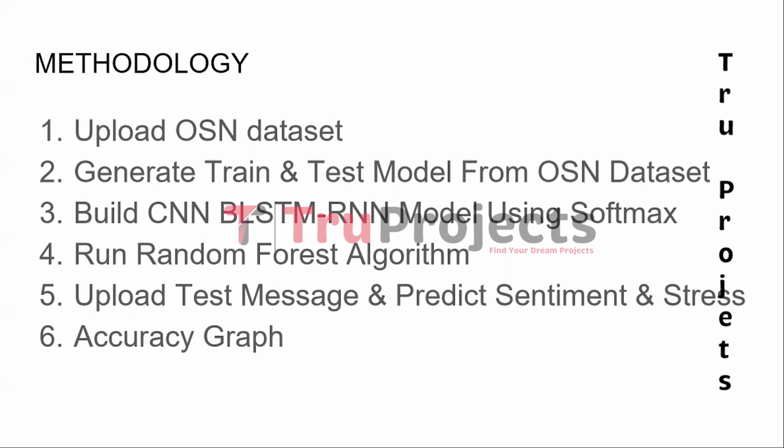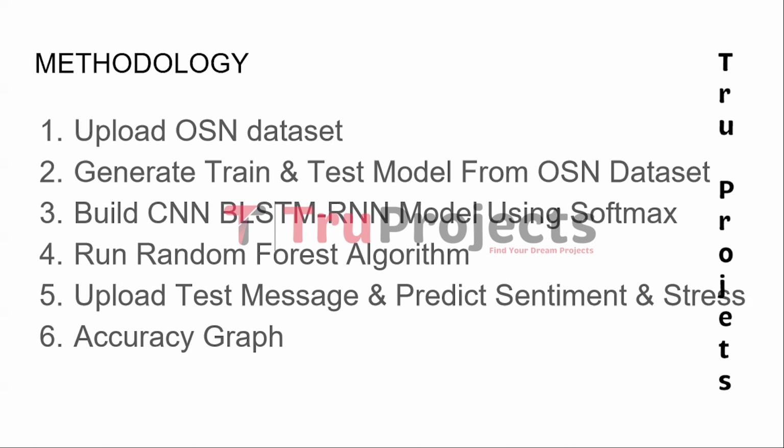Softmax is used as an activation function in the model. And the fourth module is run random forest algorithm. This module runs the random forest algorithm for the purpose of an accuracy comparison graph with the CNN, BLSTM, RNN model. The random forest algorithm is commonly used for sentiment analysis and its accuracy is compared with the deep learning model.